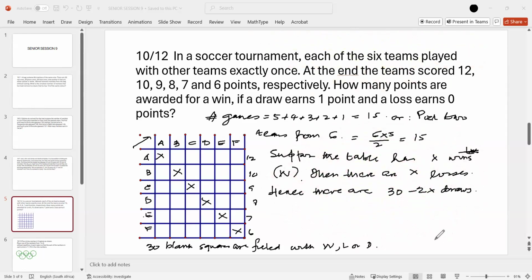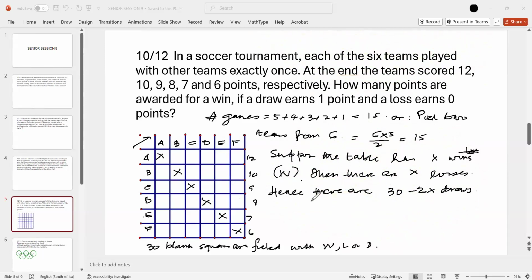And only one unknown. That's very nice because we have so many possibilities. You know which is W, which is L, which is D. But if you count just the number of W's altogether, then the number of L's is the same thing. And you know altogether you got 30 squares which need to be filled. 2X are filled with L and W. The remaining ones, which are 30 minus 2X, have to be filled with draws.